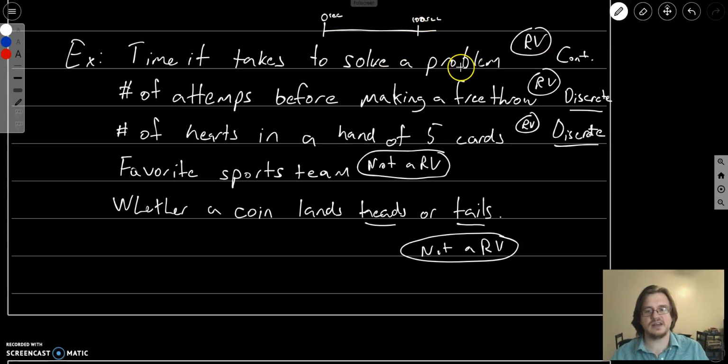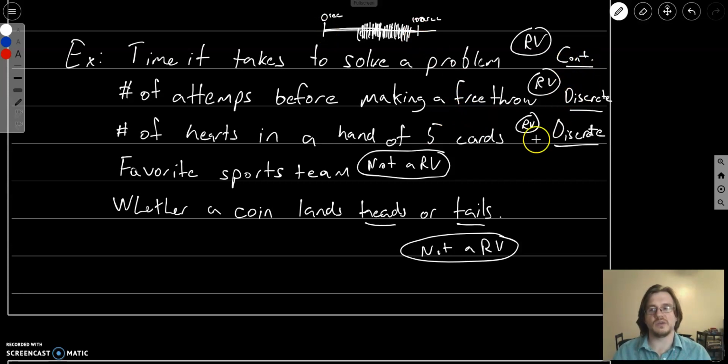But between any two times, I can find another time. It can take however long we want, even in between any two times that we could possibly have. There is a continuum of possible times.